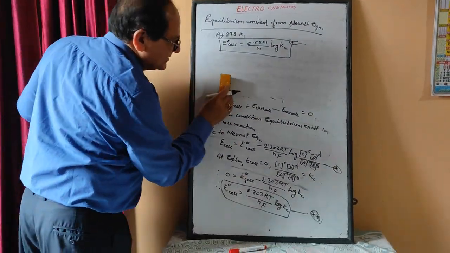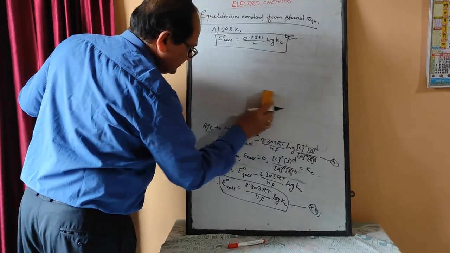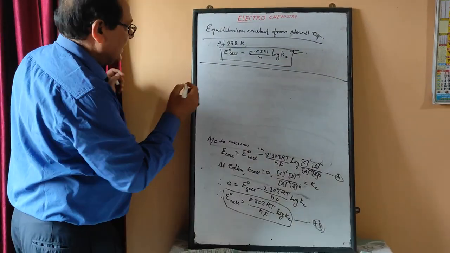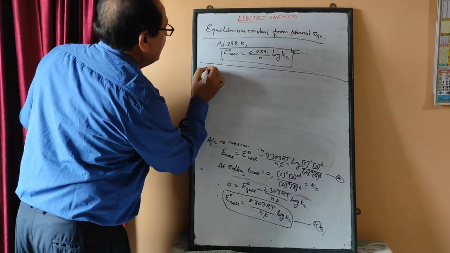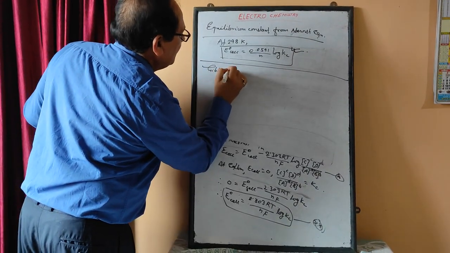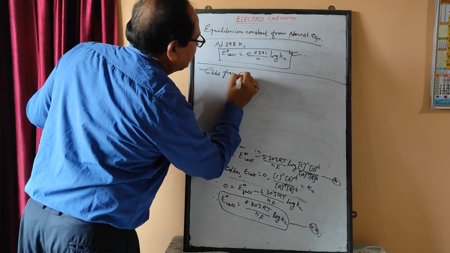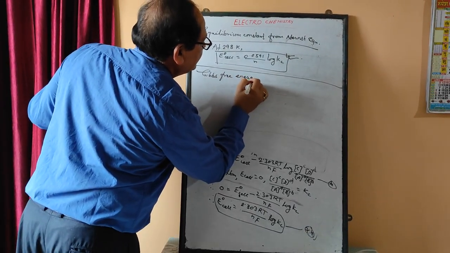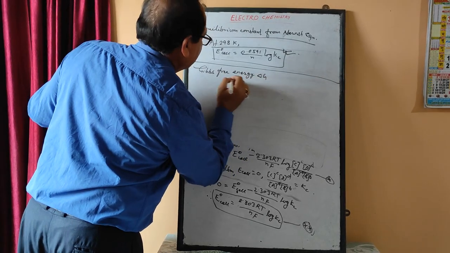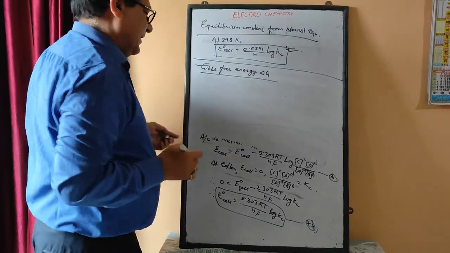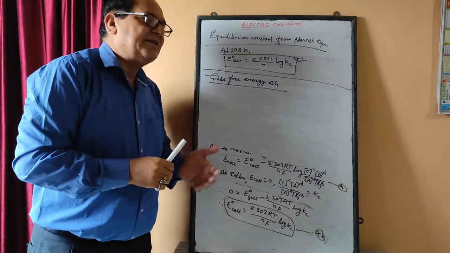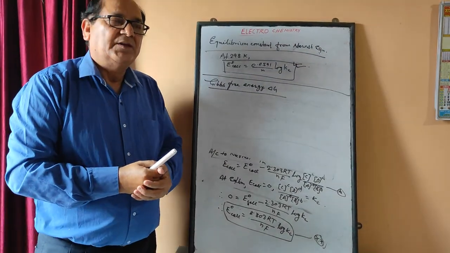Now the next topic is Gibbs free energy, delta G. In class 11 we have already read what Gibbs free energy is.